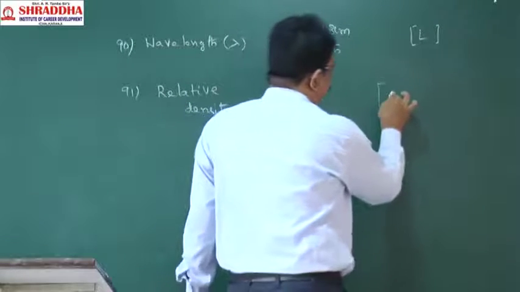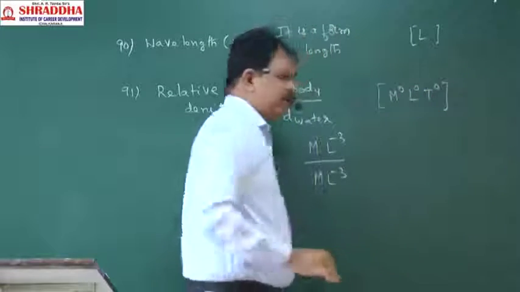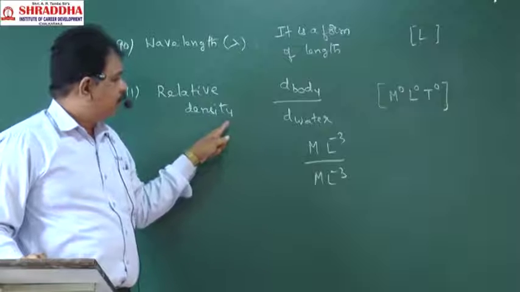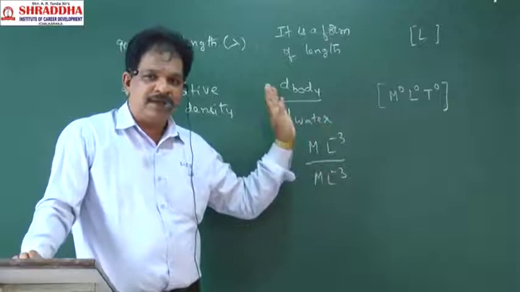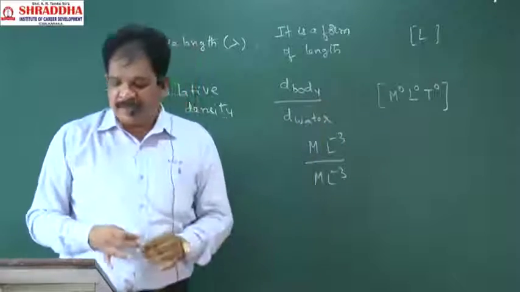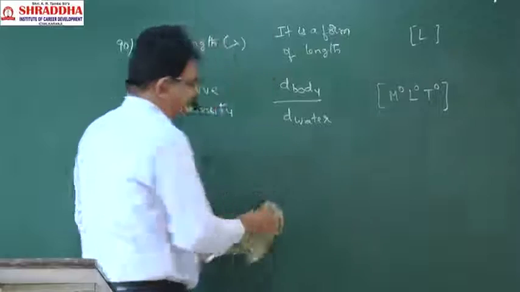So here we will get M power 0, L power 0, T power 0. We can say relative density is dimensionless. Clear? It is dimensionless.